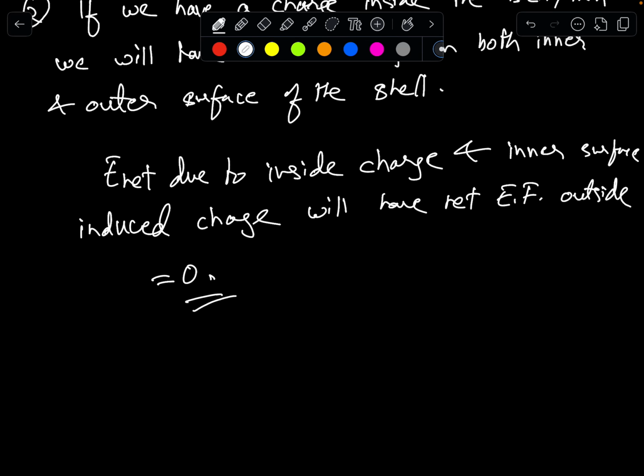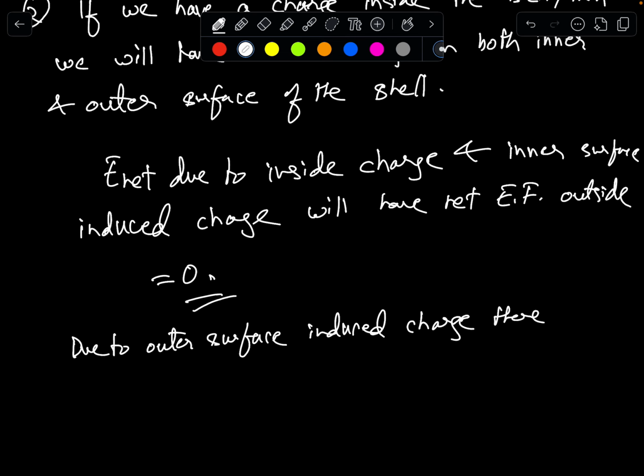Here I should write that due to the outer surface induced charge there may be an electric field outside.